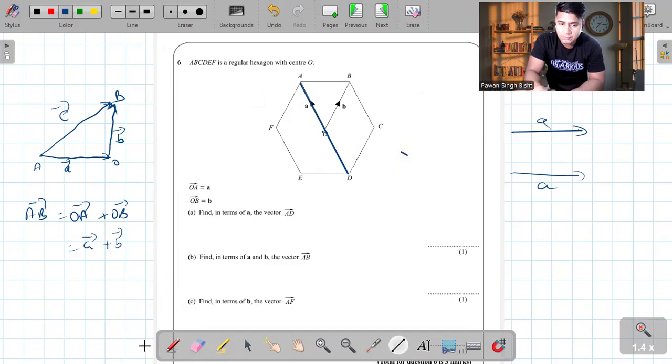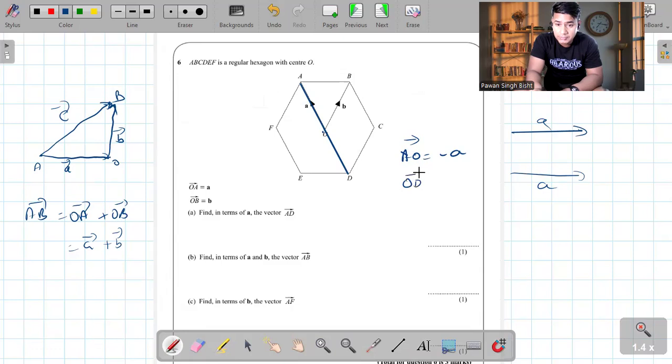So AO will be negative A, because OA is A, so AO will be negative A. I told you, if you are going in the opposite direction, the sign will be negative.